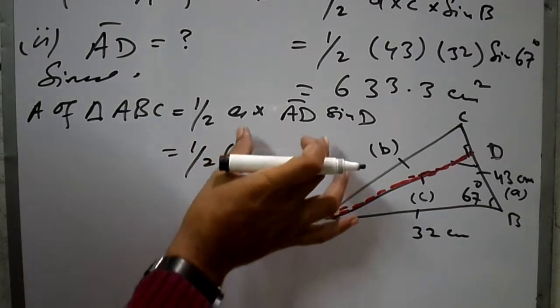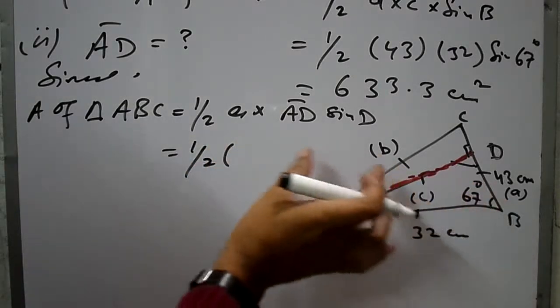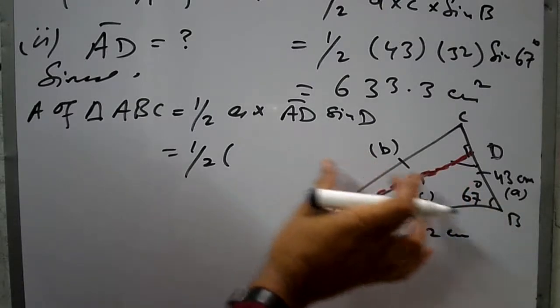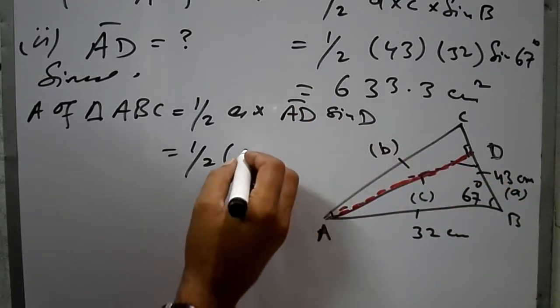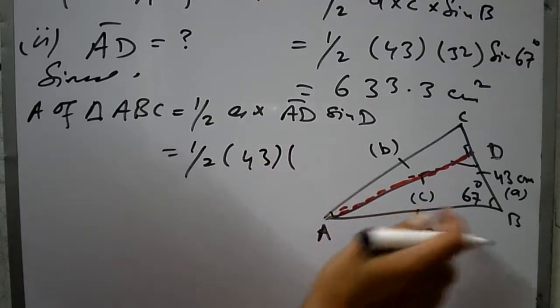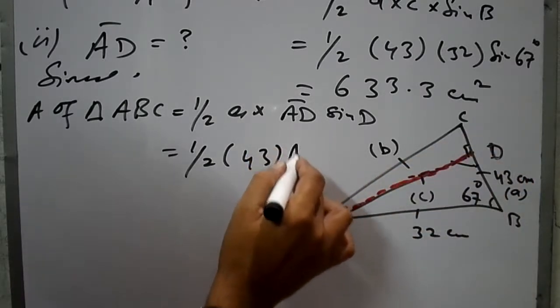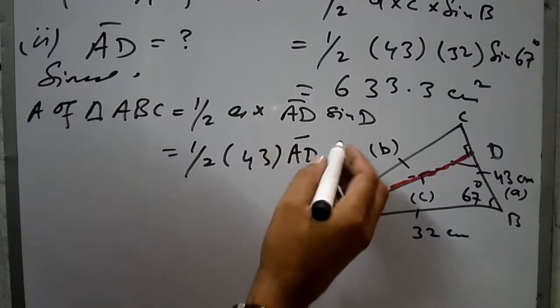Now we have the values, so putting the values, the value of A is 43, and the value of AD we have to find, so write it as it is because we have to calculate the value of AD.